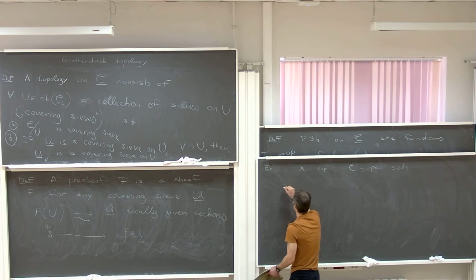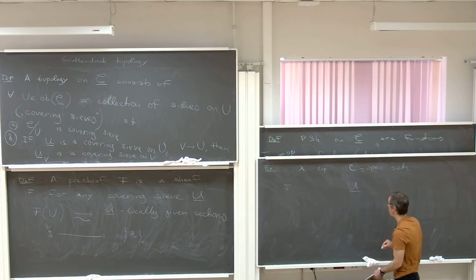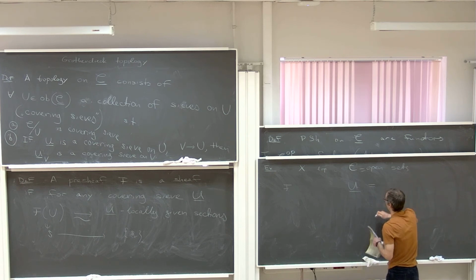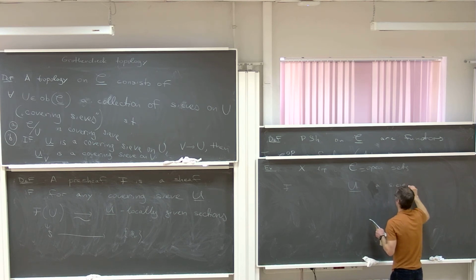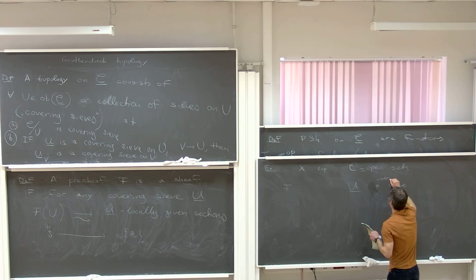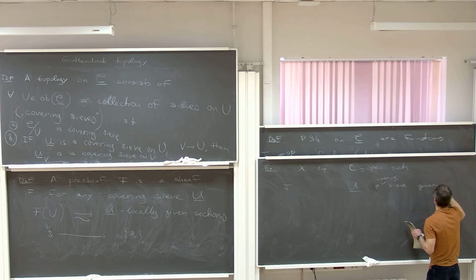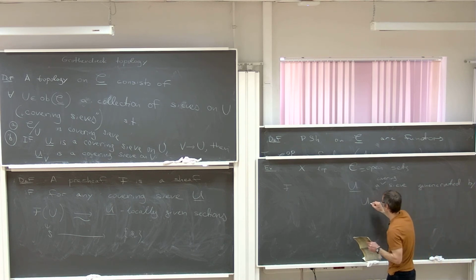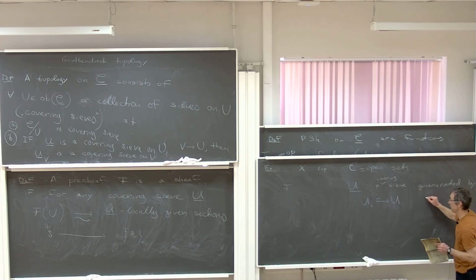A covering sieve is generated by some Ui in U. Saying that it's a covering sieve means that the union of the Ui is U.